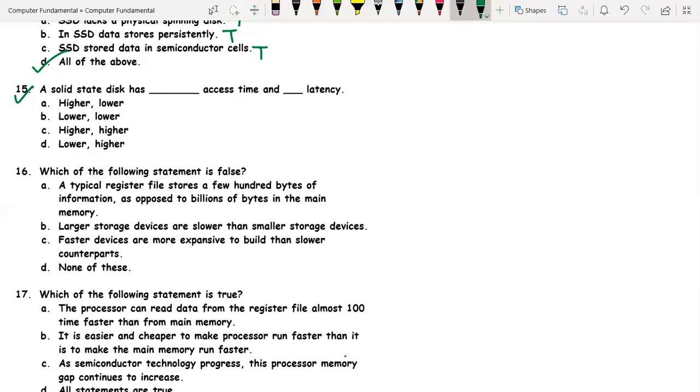A? No. Let's see. You say A: a solid state disk has a higher access time and lower latency. No. Access time is also low. Latency is also low. So the correct option is B, lower and lower.